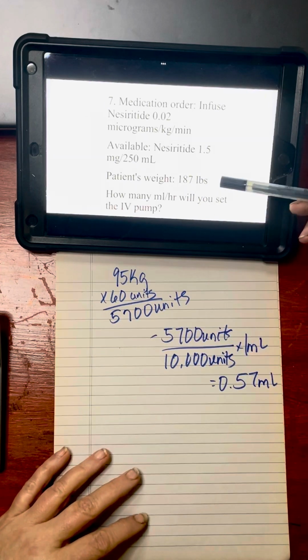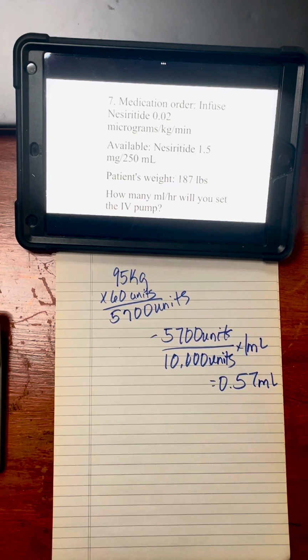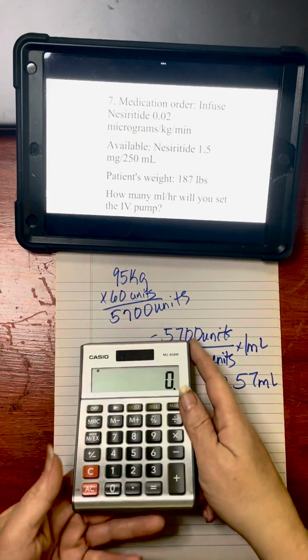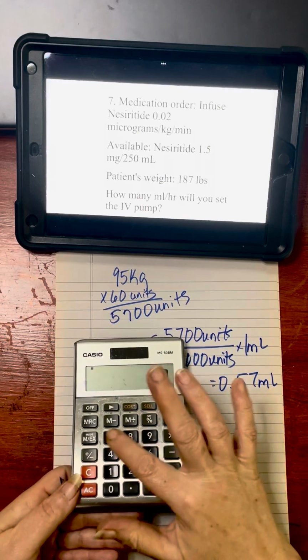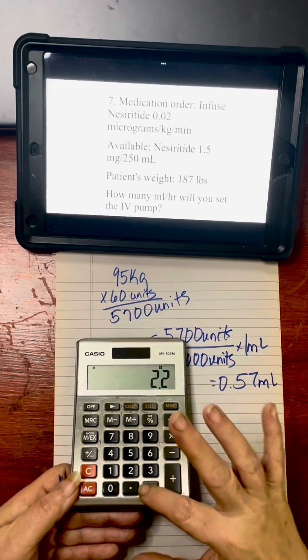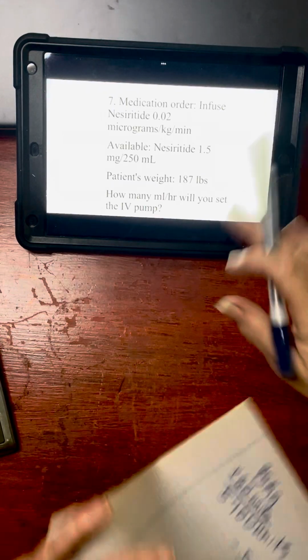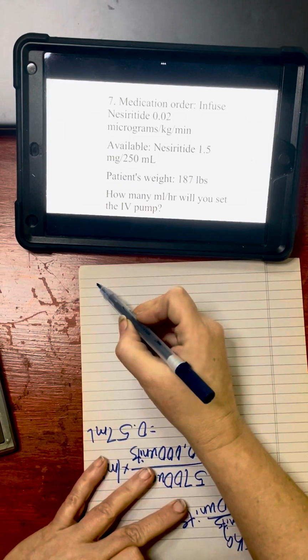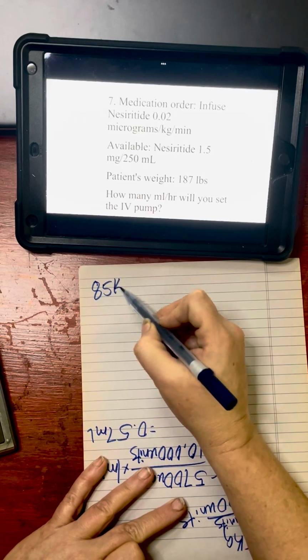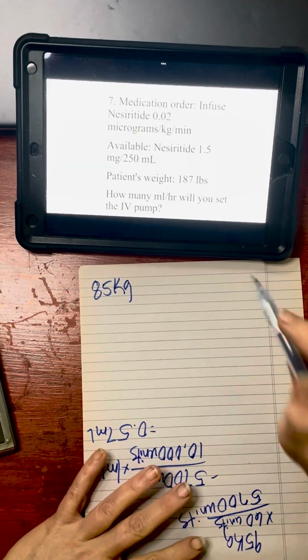Out the gate, we got to convert them pounds to kilograms. So 187 divided by 2.2 equals, look, straight up 85 kilograms. Okay. Now, what did Mr. Man say?